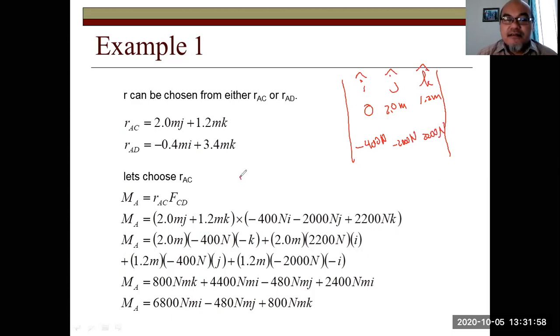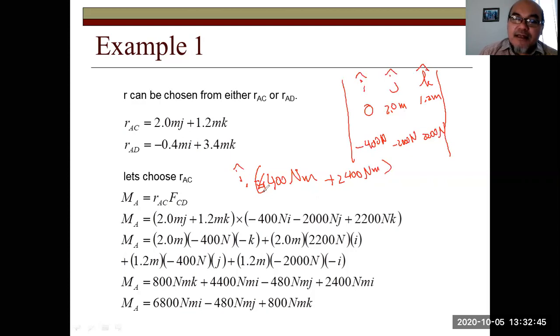So from here, the I component will be 2 meter multiplied by 2200, which is 4400 Newton meter, minus this times this, and there is a minus here, so it becomes positive 1.2 times 2000, which is 2400 Newton meter.